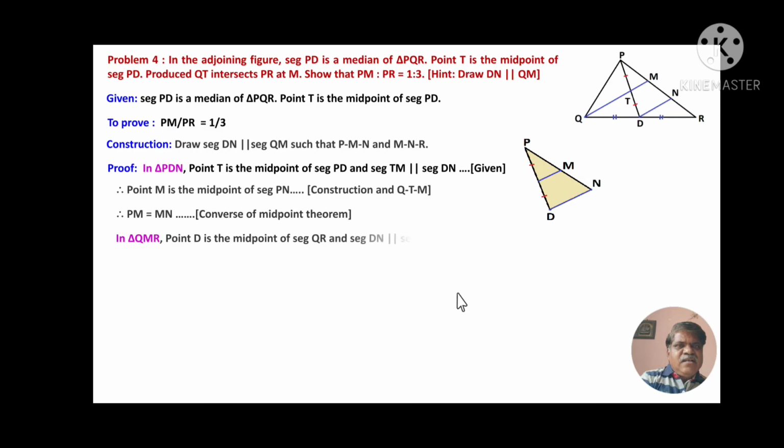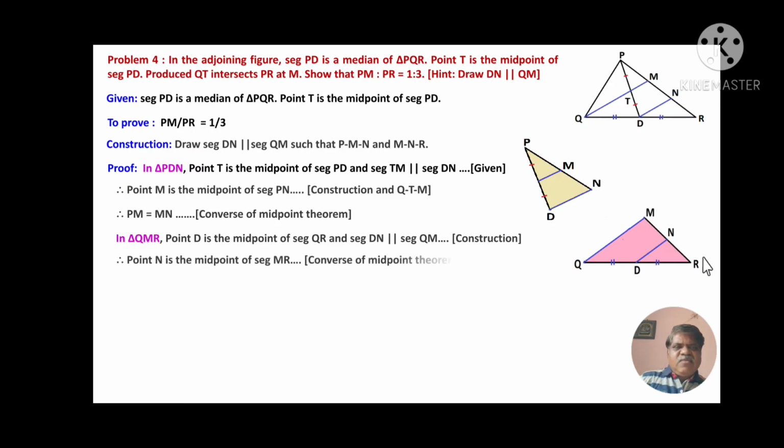Also, in triangle QMR, you can see QMR here. D is the midpoint of QR and DN is parallel to QM. Therefore, N is the midpoint of MR, by the converse of the midpoint theorem.